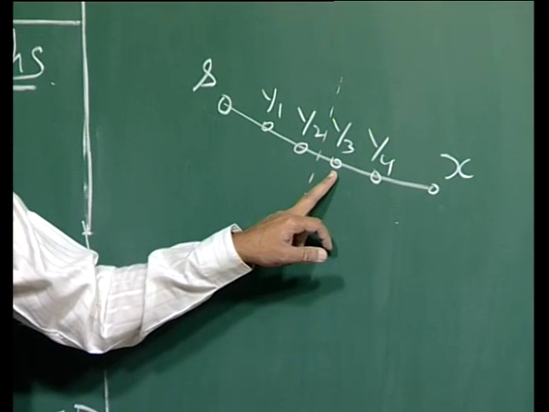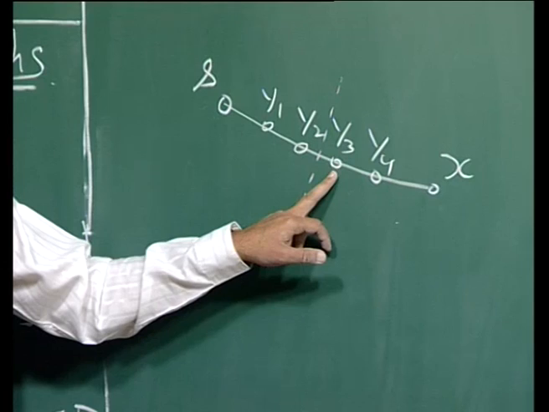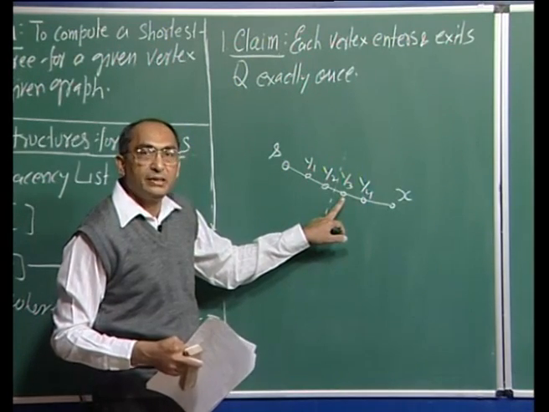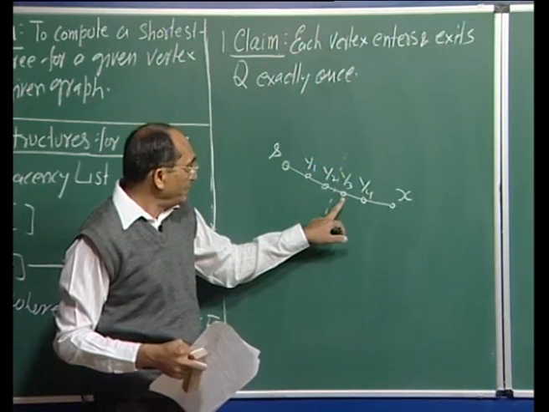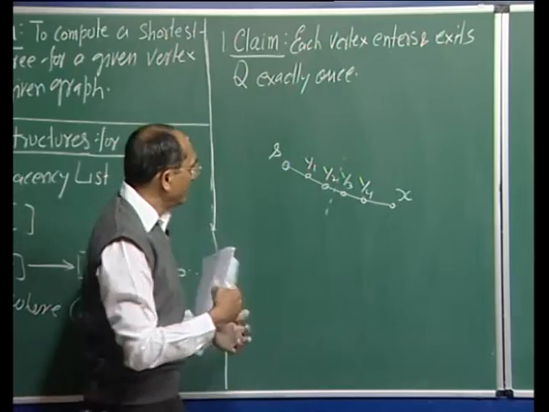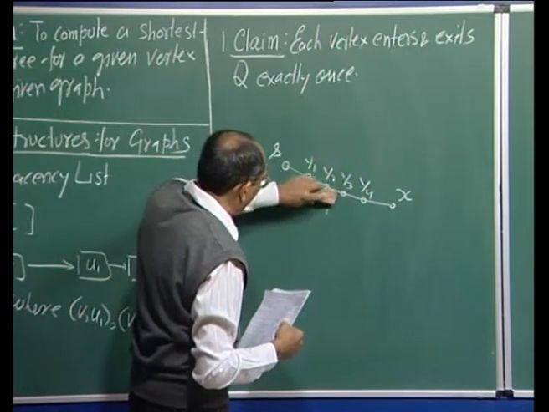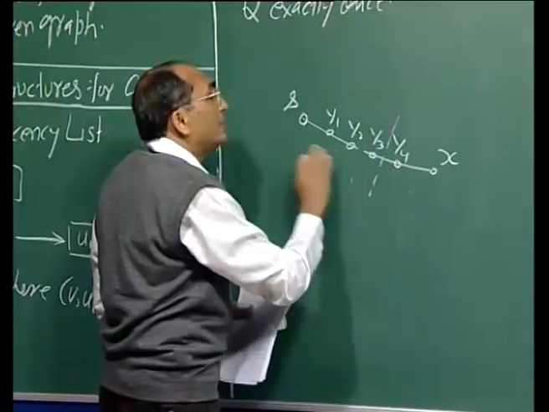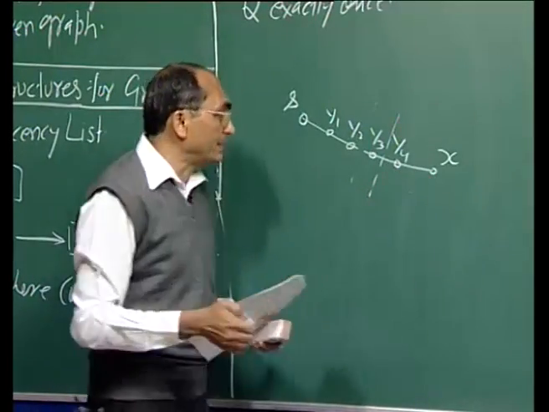So either y3 was discovered for the first time here, or it was discovered earlier. Either way, y3 must also have entered Q. Hence, this also should have entered Q sometime, and so on. Hence, eventually x must have entered the Q as well.